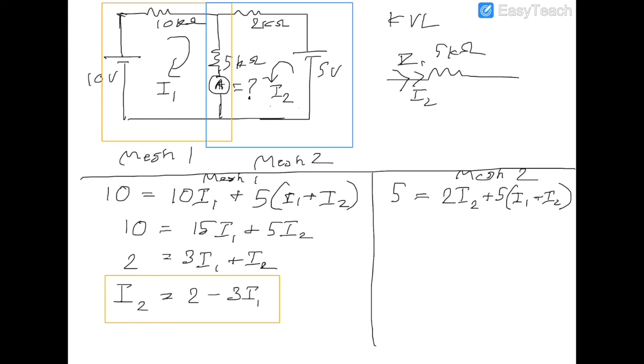So if I went ahead and simplified this equation, I would have this right hand side is equal to 7 times I2. This is a plus. So I would have 7 times I2 plus 5 times I1.